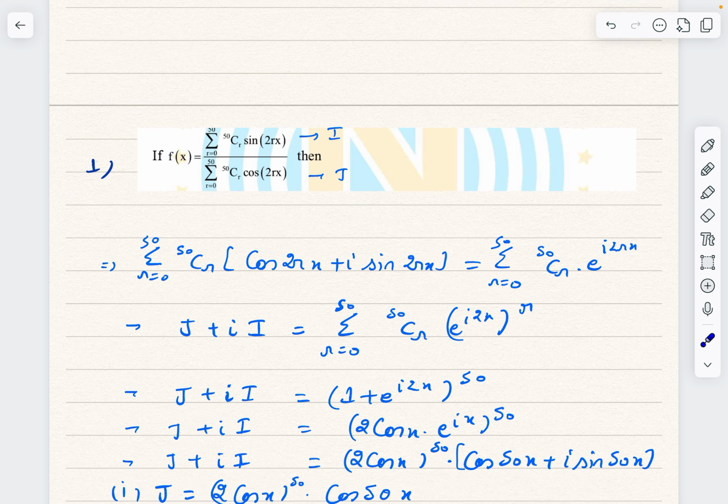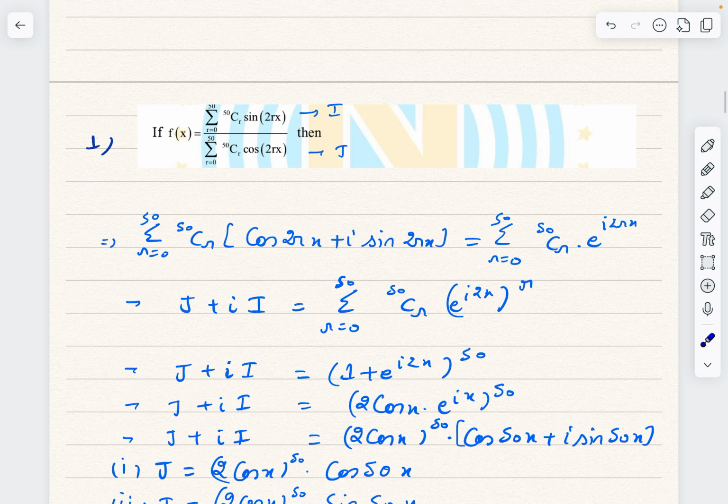So if I say summation r 0 to 50, 50 Cr cis 2rx, where cis is the complex number form, what we get is that this part becomes J and this part becomes iota I. So we get J plus iota I is summation r 0 to 50, 50 Cr e power iota 2rx, which you can also write as e power iota 2x raised to power r.